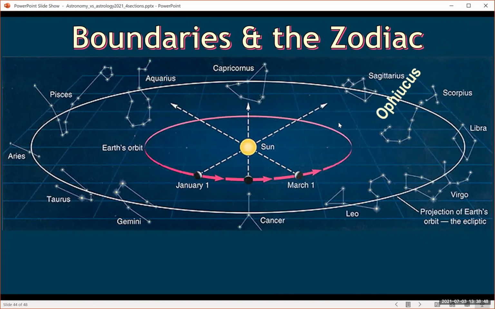But we also have an interloper. Ophiuchus is another constellation that wasn't originally considered one where you could see the sun, but once we put in boundaries, you could actually see the sun within Ophiuchus.